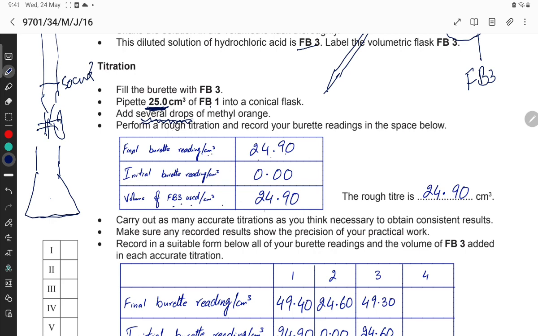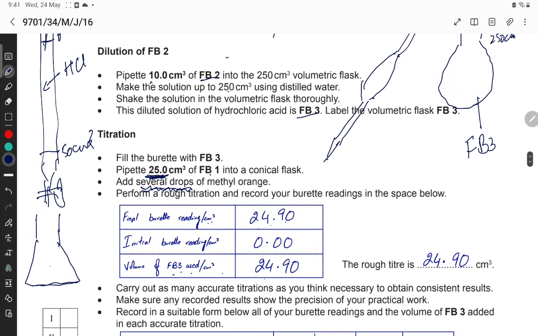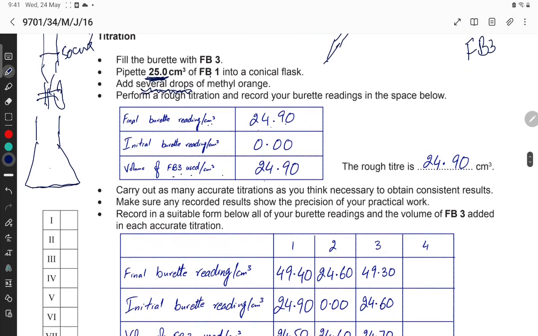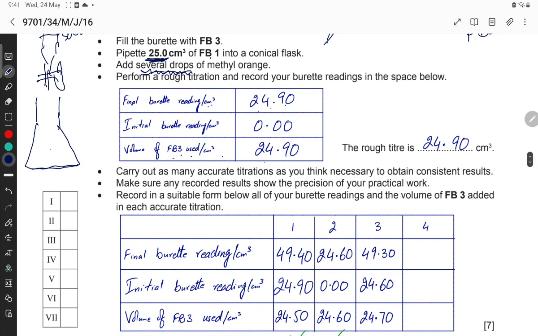So we are taking FB3 in the titration flask. FB3 is hydrochloric acid, keep that in mind. The rough titer is 24.90. Carry out as many accurate titrations as you think necessary to obtain consistent results.